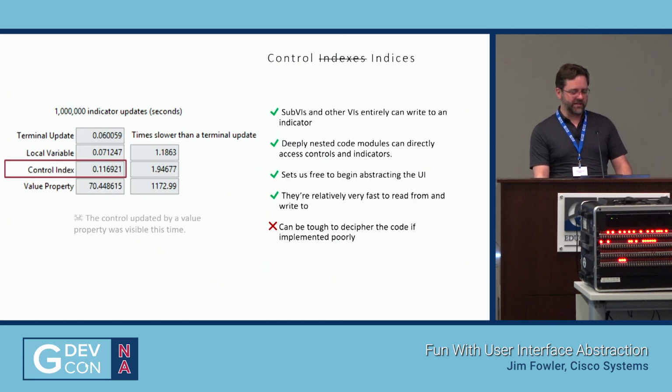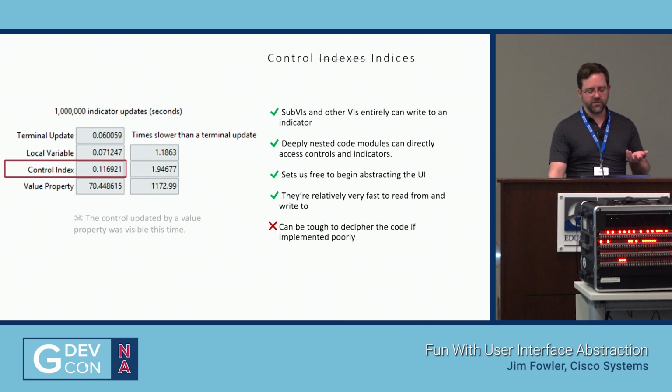Going back to the benchmarking, control indices are way faster than definitely a value property node. They're not faster than a local variable, but the delay is pretty trivial, relatively speaking. So the disadvantage, or the advantage, is sort of like the value update from a property node. It's very similar.